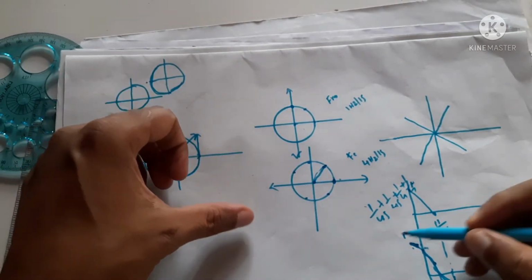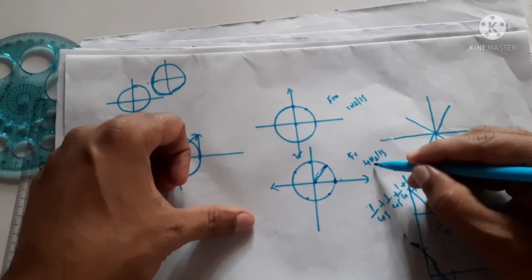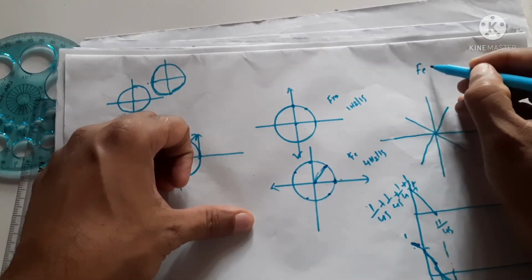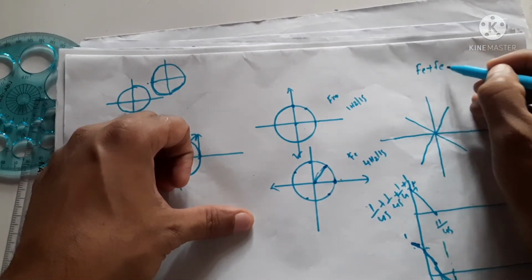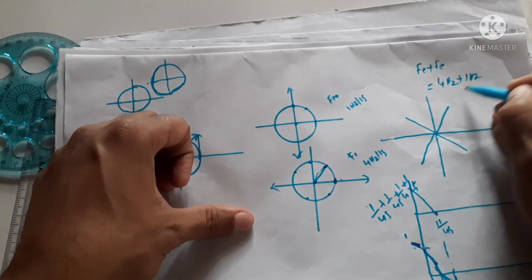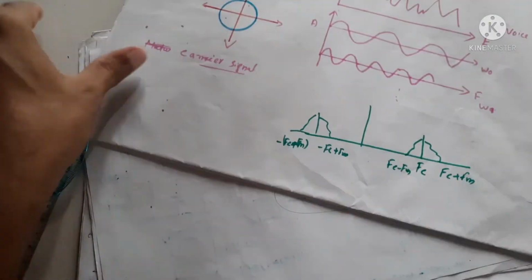That is, now the modulating frequency is 1 Hz, and the carrier frequency is 4 Hz. So the total becomes Fc plus Fm, that is 4 Hz plus 1 Hz. So it becomes 5 Hz. That is what we see here.